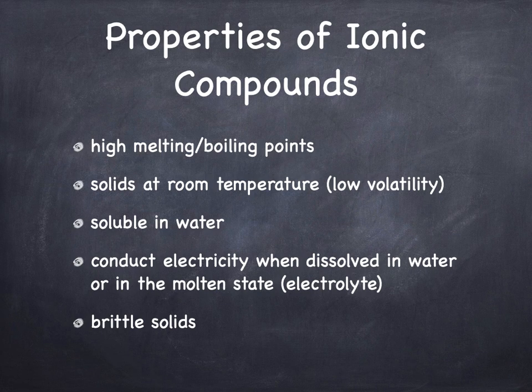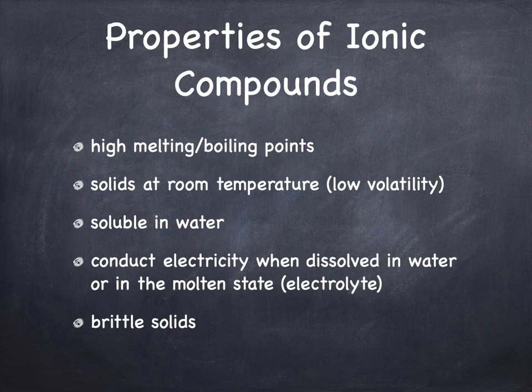Many ionic compounds are soluble in water, and when we get into our chemical reaction chapter, we'll talk about how to sort out which ones are and which ones aren't. But in general, ionic compounds are usually pretty soluble in water. When they dissolve in water, they break up into their ions. So the process of solvation actually produces ions in solution, and those ions can carry an electric charge or an electric current.